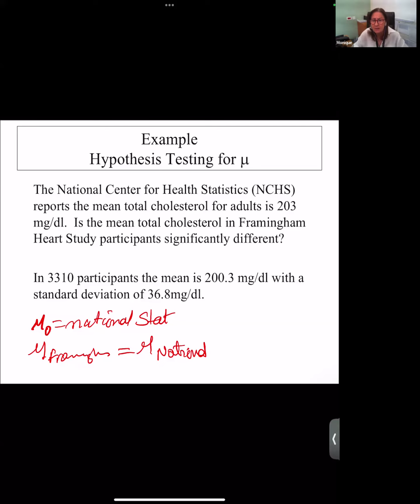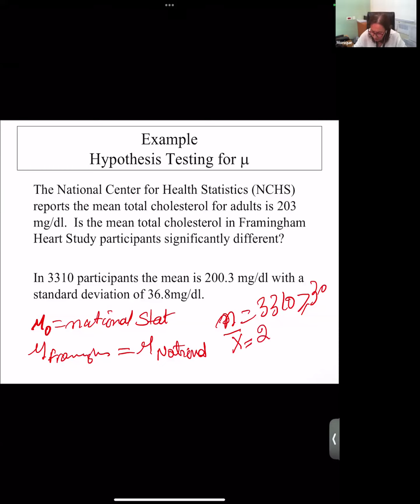What they did in Framingham, they took a sample of 3,310, which is much more than 30, right? They collected data on cholesterol, and they found that the mean is 200.3. This is my X bar.